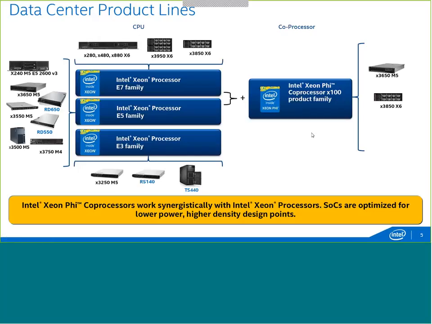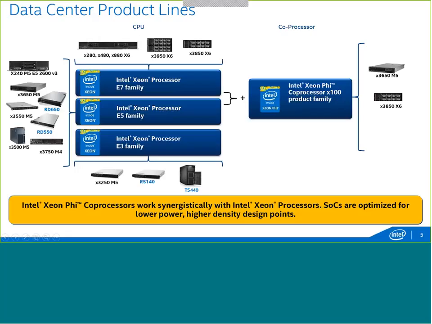For example, in life sciences, if somebody was calculating the coefficient of waves crashing on a jetty, you could take the Phi with the 61-core part, offload your workloads from the original Xeon E5 or E7, and finish that computation from like 3 days down to 4 hours. That's the whole idea behind Xeon Phi as a coprocessor: to offload highly parallelized code.